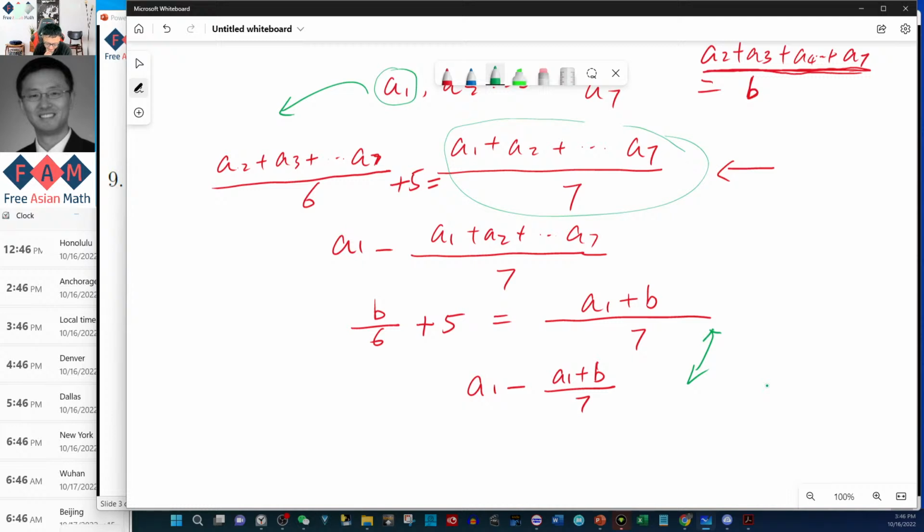In general, all the equations we have is this single equation. We cannot actually solve two variables when we have only one equation. We have a variable B here, we have a variable A1 here, but we only have one equation. We cannot really solve it. But again, we're not required to solve them individually.